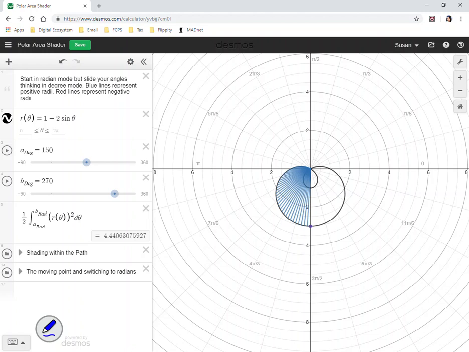But the best way is 0 to 2 pi and then take out the layer twice. Scoop out 2 layers.